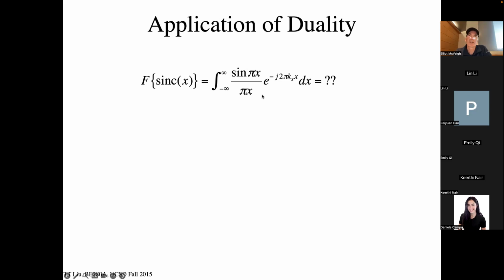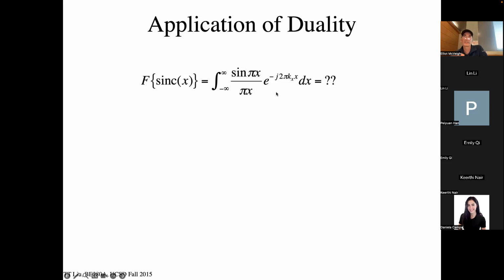Well, this looks like a kind of complicated integral, so it might be hard when you're doing the integration. I have basically three functions, like sine, 1 over x, and this exponential, and I want to do an integral of that over an infinite range.